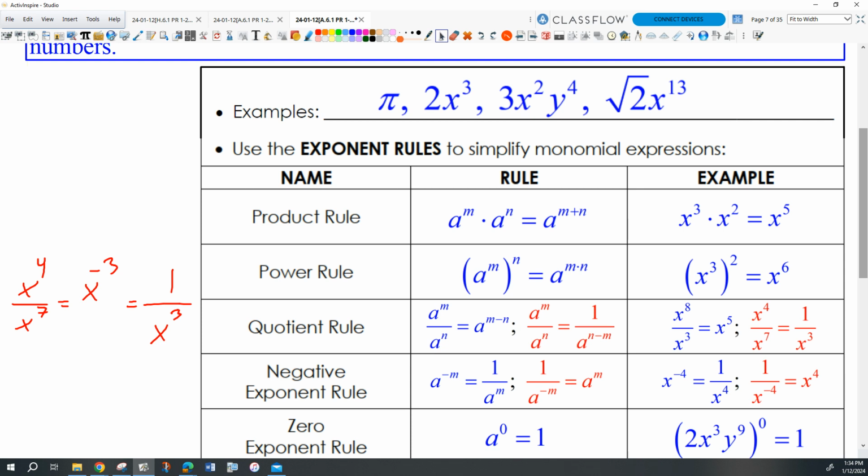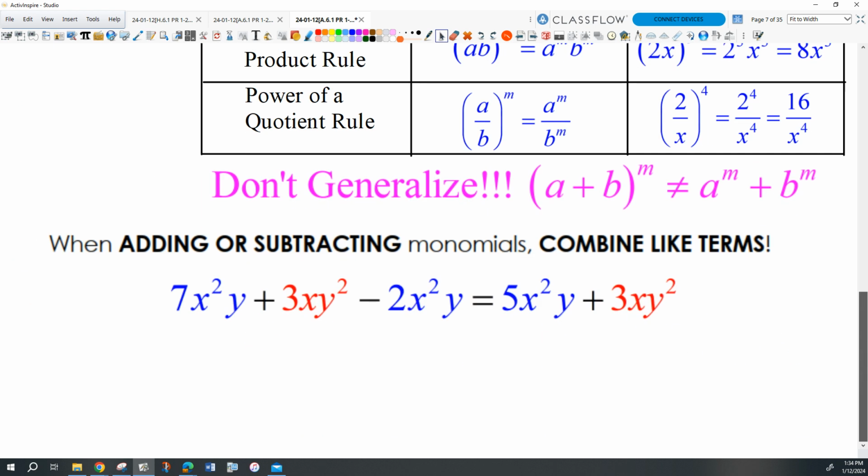Okay, and one last thing before we flip the page. This is not really an issue for the first couple sections we're going to talk about, but when we get into polynomials, which is where we're going with all this, it becomes important. When we're adding or subtracting monomials like that example right there, where I've got two blue terms and a red term being added together, how come the blue monomials can be combined and the red one can't?